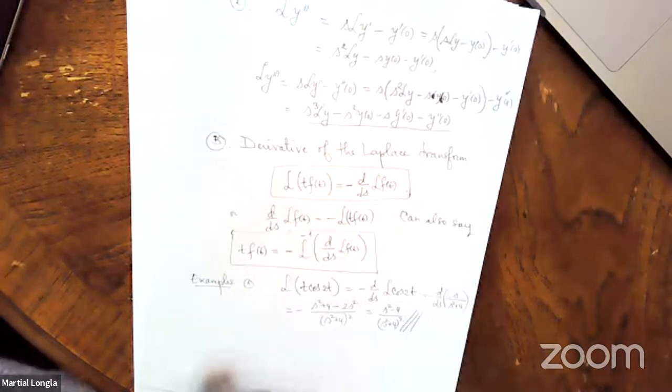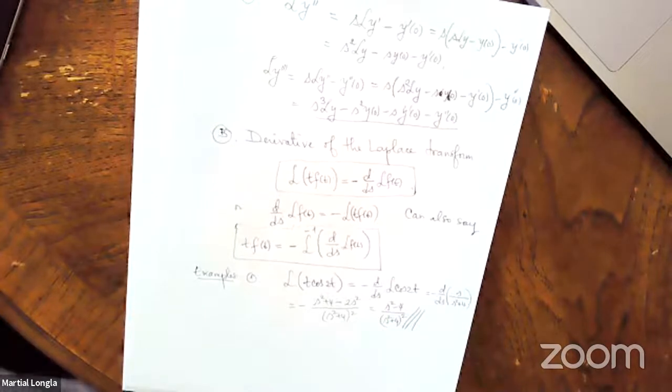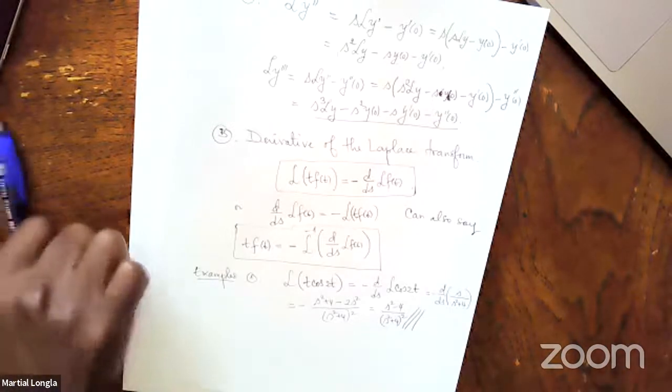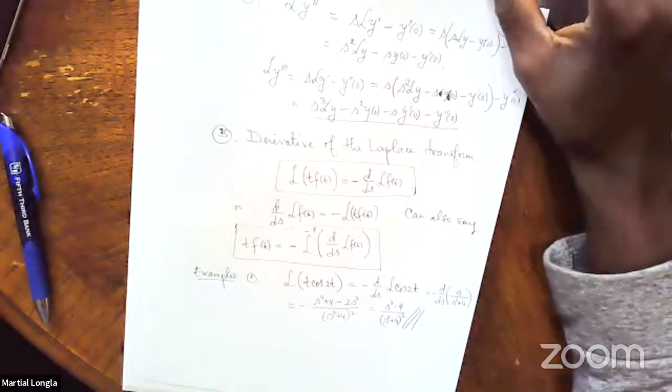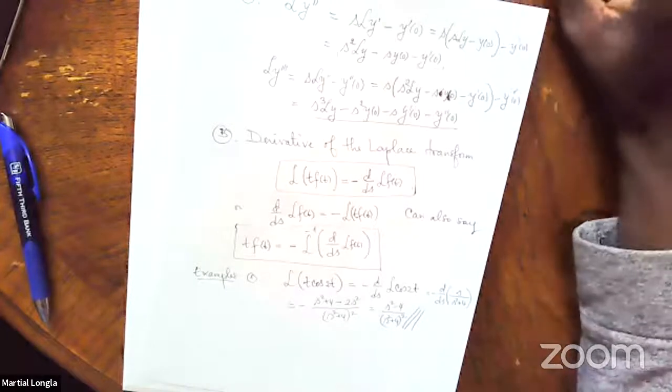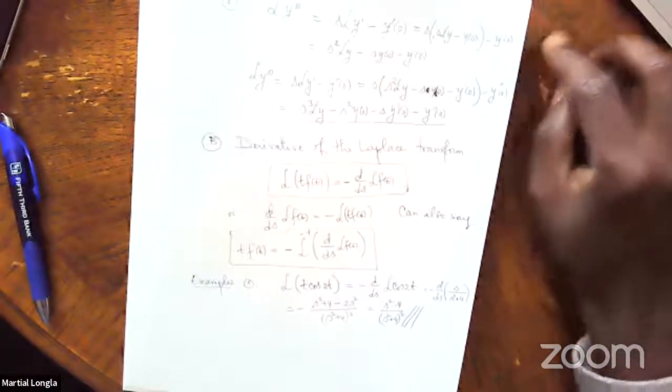And that's how you get the Laplace transform of t cosine 2t. Notice that if you don't have this theorem, it'll take you a lot of time to figure out the correct answer to this problem. Any questions?